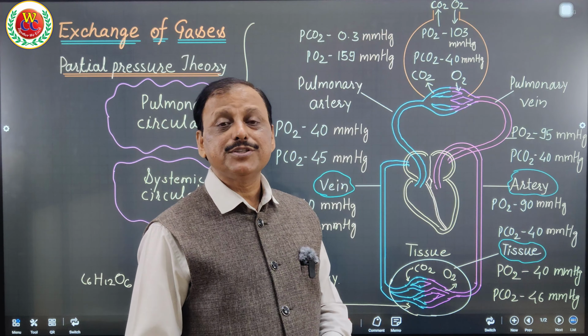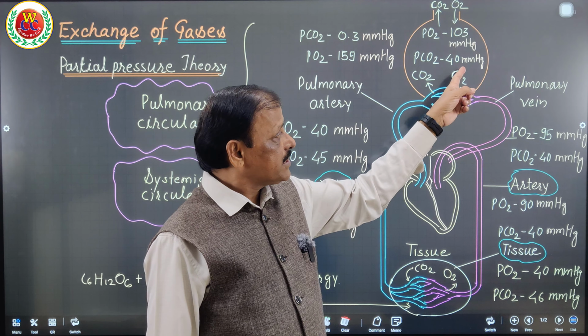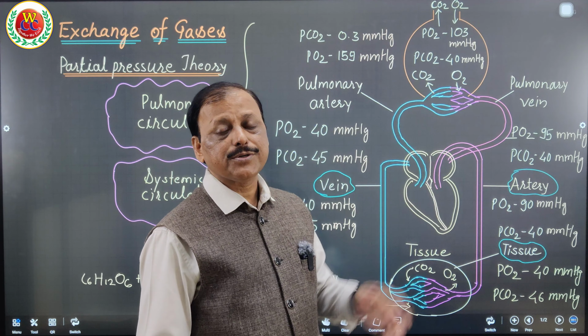Now the impure, deoxygenated blood which is carried through the pulmonary artery to the lungs has PO2 40 mmHg and PCO2 45 mmHg. That means the concentration gradient of carbon dioxide is more, to diffuse out from blood to the lungs alveoli, and the concentration gradient for oxygen is less inside the blood, therefore oxygen diffuses from lungs alveoli to blood.